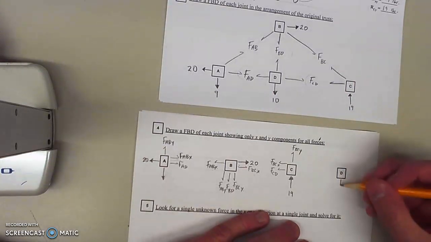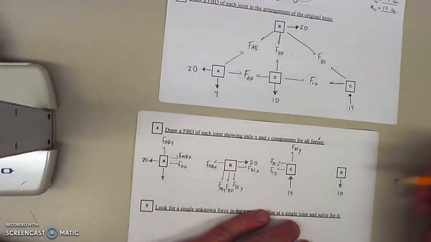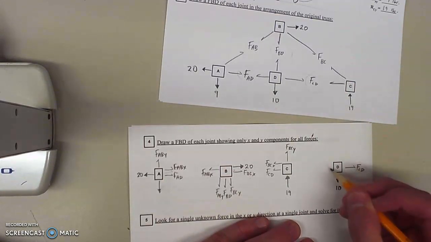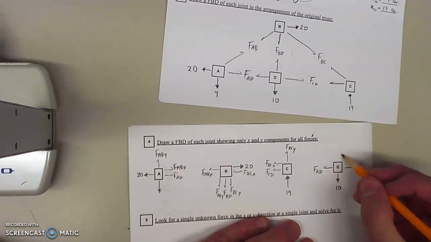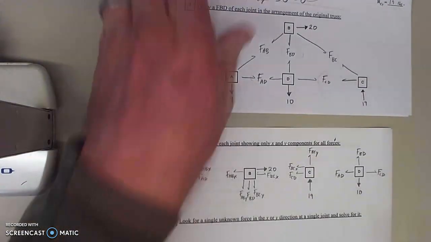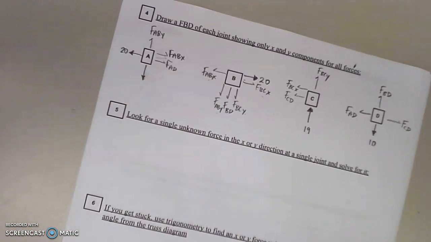Joint D, got 10 pounds going down. All right, I've got FCD, FAD, and FBD. So right away, what's kind of interesting about joint D, now that I've got that done, let me zoom in a little bit.